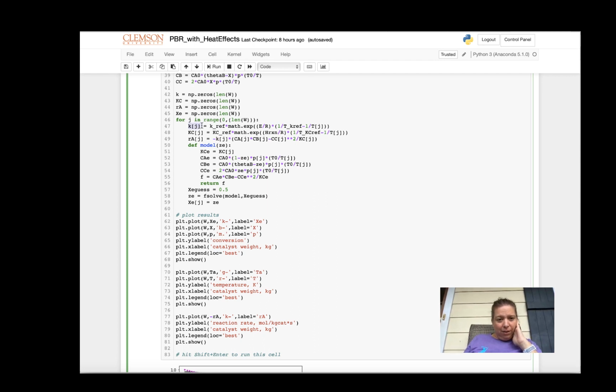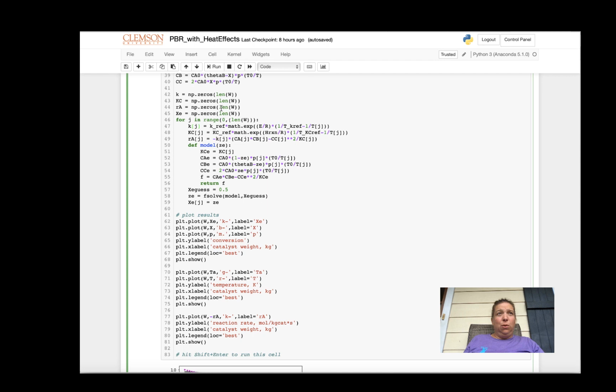Notice now that I'm looping over the index J, so when I look at all of these different values, I have a J there, so I'm doing KJ and TJ here. Basically, for every value of J, J is going to go from 0 all the way up to the length of W, which I believe ends up being 50 elements.